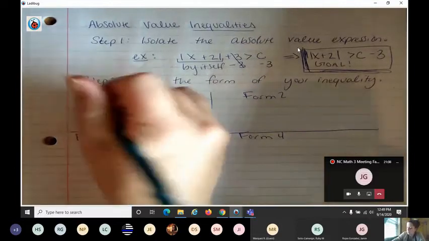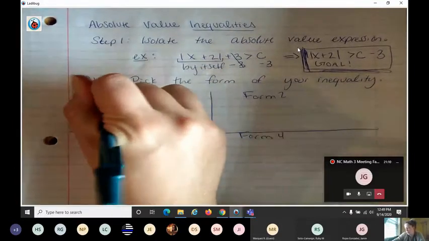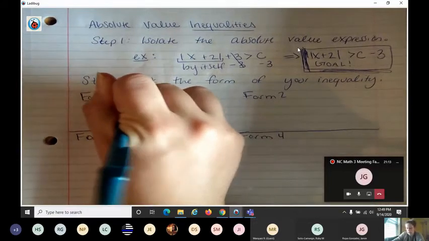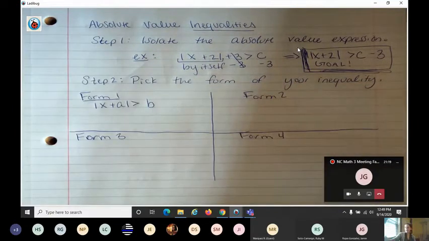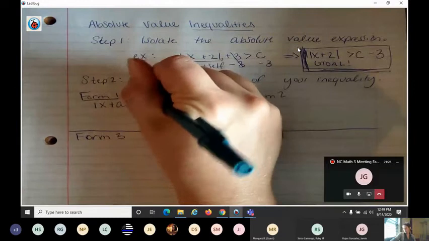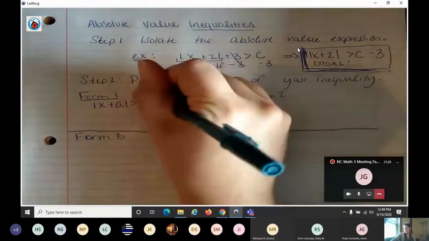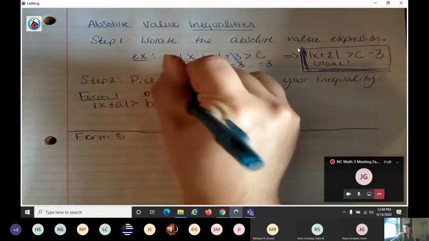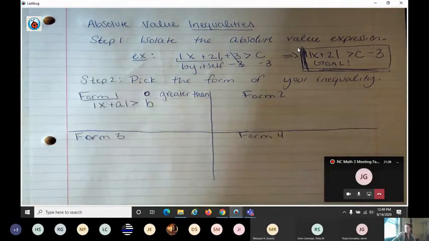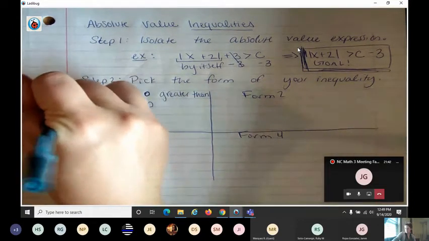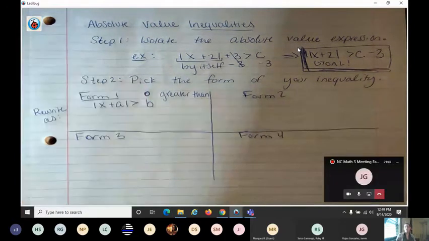So in form 1, you'll have the absolute value of some sort of function on the inside is strictly greater than b. Okay, so this has an open circle when we draw it on a number line. Okay, and it means greater than. When we have this greater than symbol, we will rewrite it in 2 different forms.